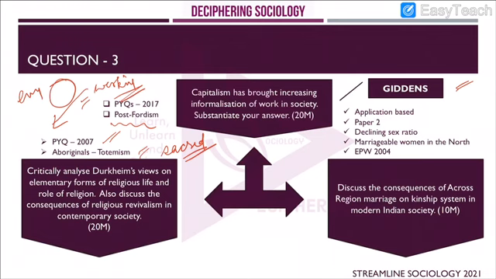But the next part is different. It talks about contemporary society and how religion is coming back in society through religious revivalism. So what are the consequences? Can we talk of organized religion here, or do we talk about sects, cults, denominations?